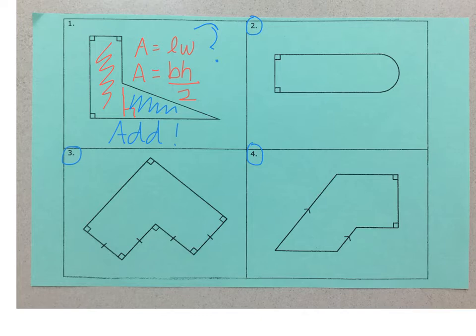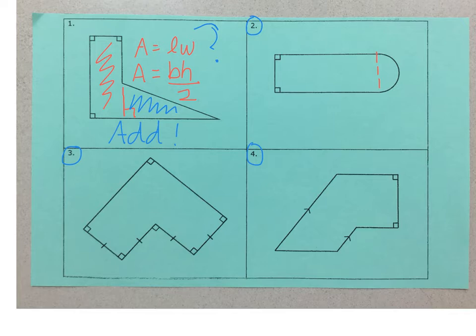Number 2, what 2 figures do you see here? Do you see a rectangle? And what other figure? Half of a circle. How could we find those areas?